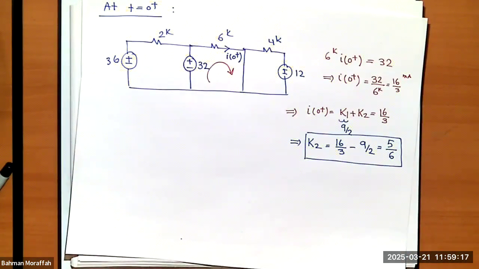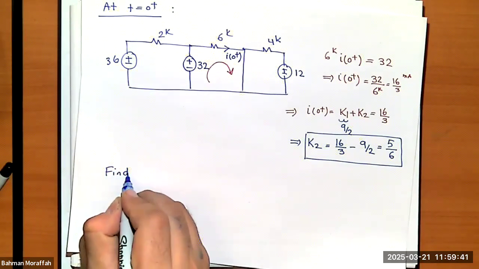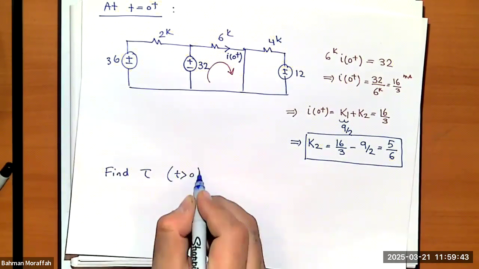We found K1, found K2. All we need to do is to find tau. How do we find tau? We're going to look at the circuit at time greater than 0, and we're going to find our Thevenin, which is equivalent resistance across that capacitor. So we're going to have to find tau for all times greater than 0.